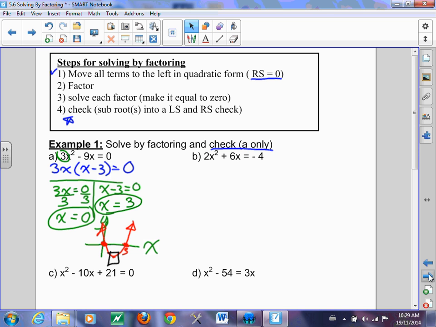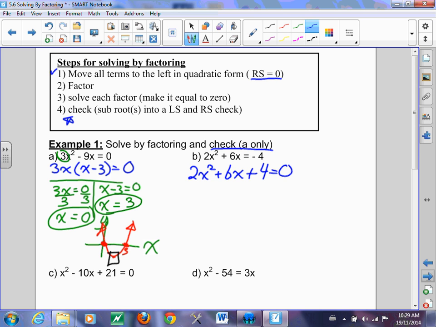Awesome. Taking a look at example B. To start off with, not all the terms are on the left side, so we're going to move everything to the left. So we're going to go 2x squared plus 6x. The negative 4 comes over, becomes a plus 4, equals 0. Can we common factor anything out? Yes, we can.